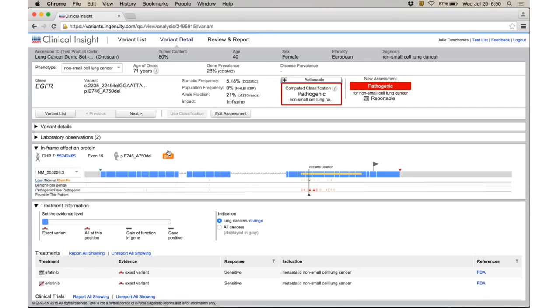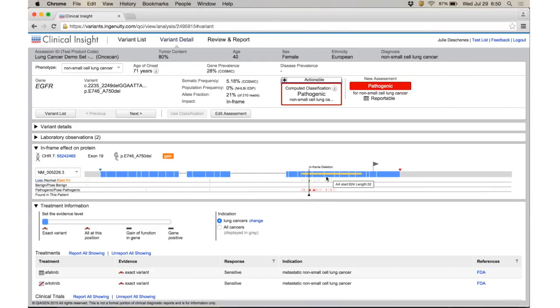The diagram below the title allows you to see key information that we have in the literature and where this variant falls within the protein sequence, the coding region. The black lines represent where your variant is. All the blue squares represent a different exon of EGFR for that specific isoform.